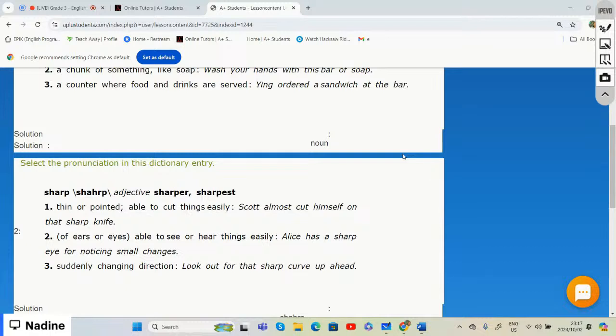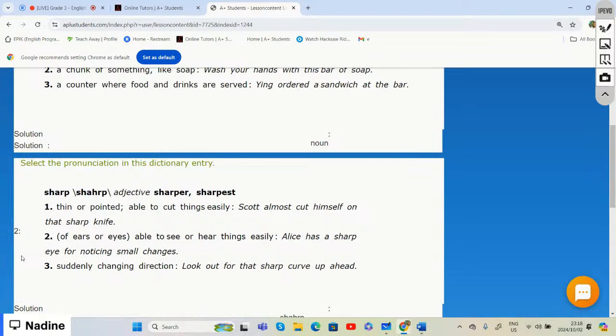Here we have the word sharp. The part of speech, it's an adjective. Sharper, sharpest. And then there are three different meanings of the word sharp.